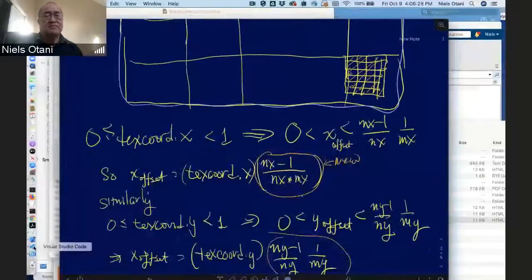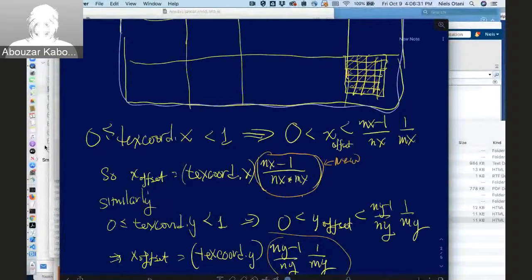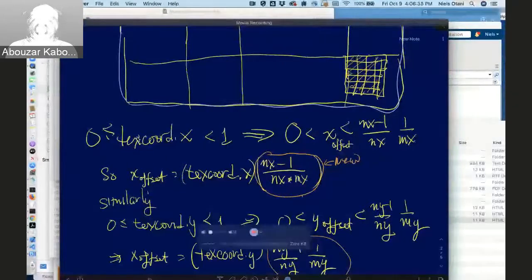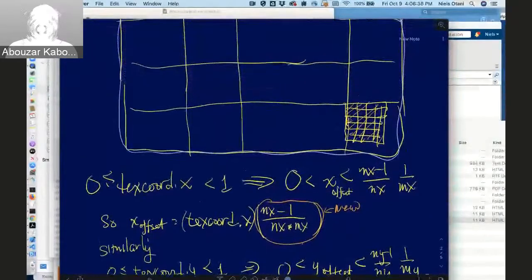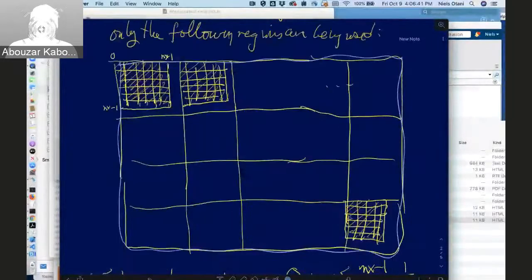So to respond back to you, your assumption is that we should have coordinates that land on the lines, right? But the point is that the texture coordinate x for each of these pixels lands at the center of the pixel in this data structure. So it is never on the lines.